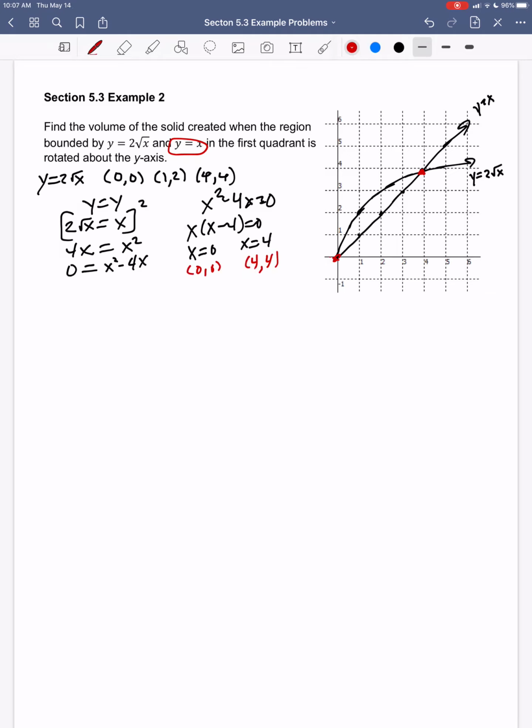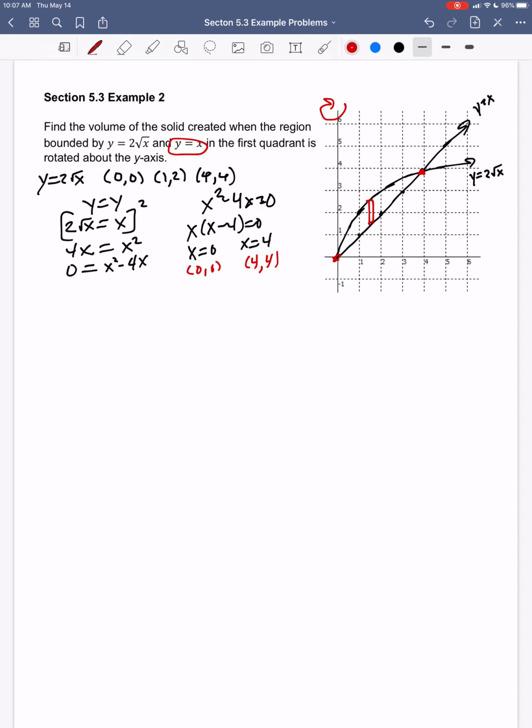That's our underlying region. And now we're going to rotate that about the y-axis, so I'm going to be rotating in this direction. For this particular region, you would have a choice. We could set up our rectangles to be vertical, like this. If I set it up vertically, then eventually I'm going to have to find the length of that rectangle.